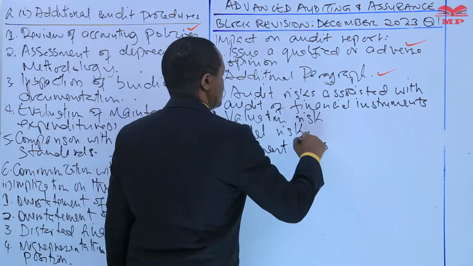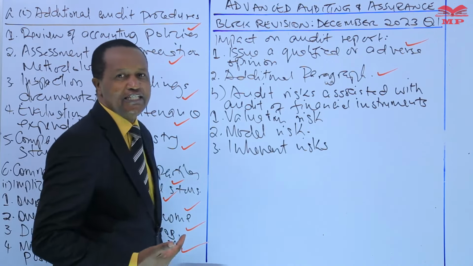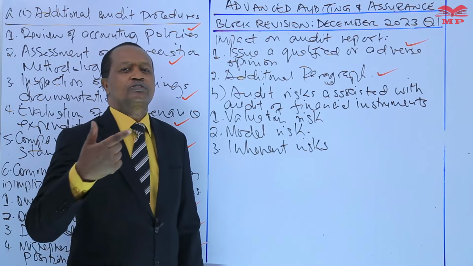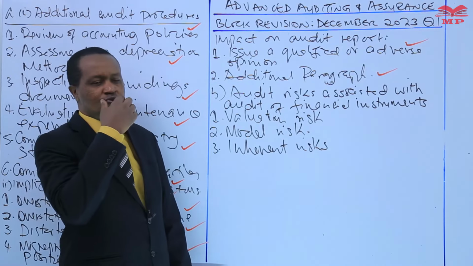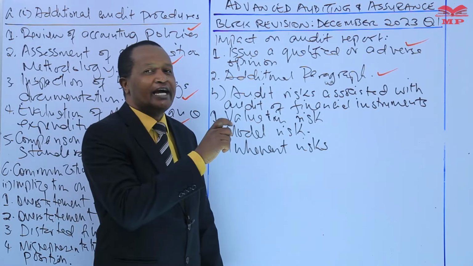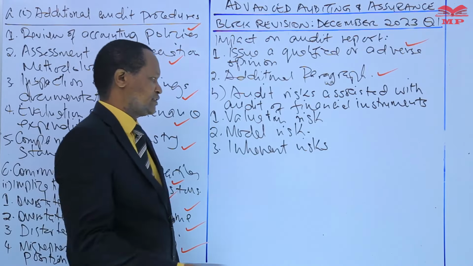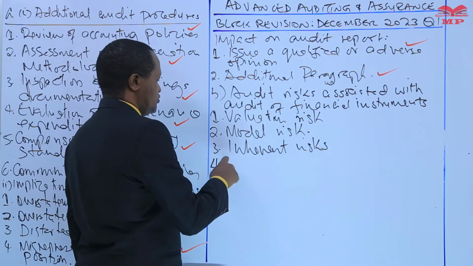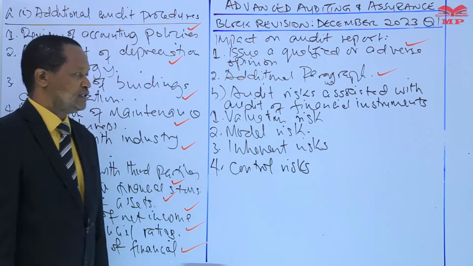There are also inherent risks associated with the audit of financial instruments. Number 3, inherent risks. Financial instruments are inherently risky due to factors like market fluctuations, the creditworthiness of the counterparties, and also liquidity issues. So the inherent risk associated with the specific instrument can be high, requiring extensive audit procedures. 4, control risks.